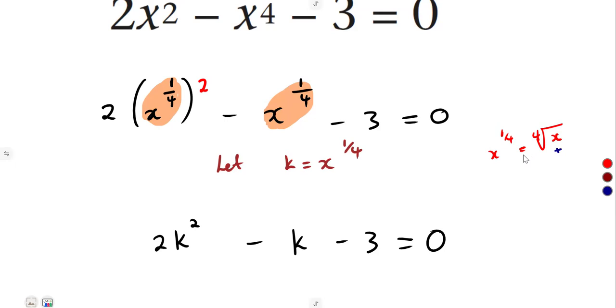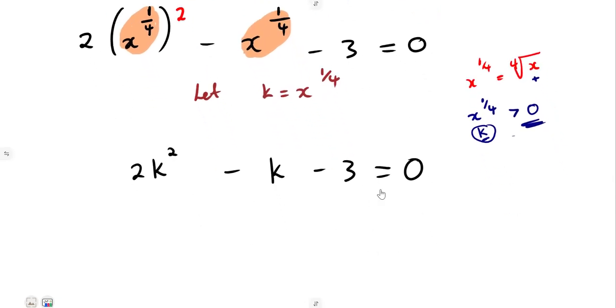It does not exist. So in actual sense, our x to the exponent of 1 over 4 must be greater than 0. You're supposed to be talking about positive values only whenever we solve this, where that represents our k. So we need k which is only greater than 0, positive values, not any negative. It does not exist for the fourth root.